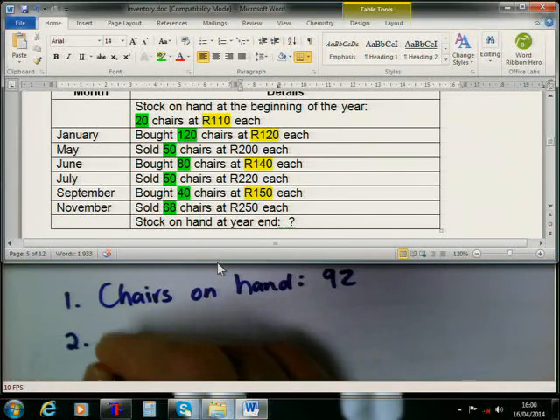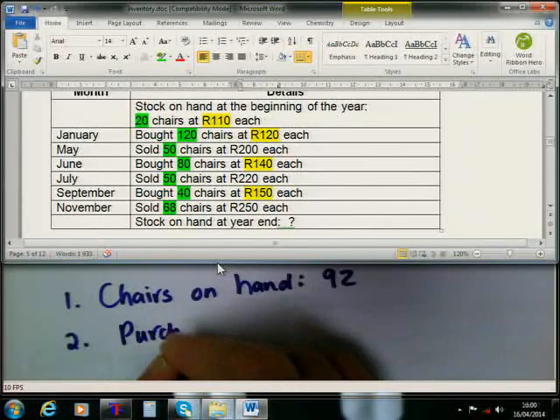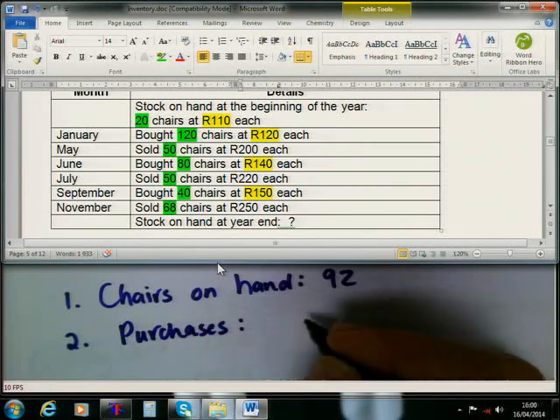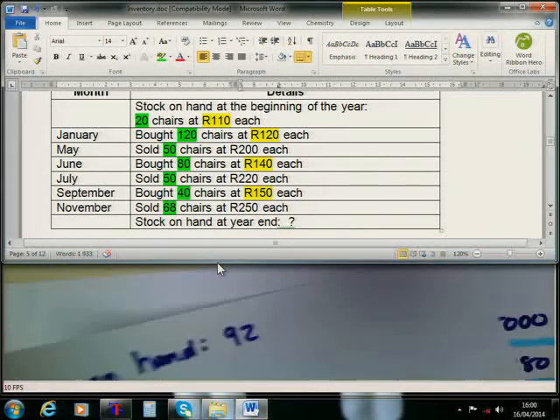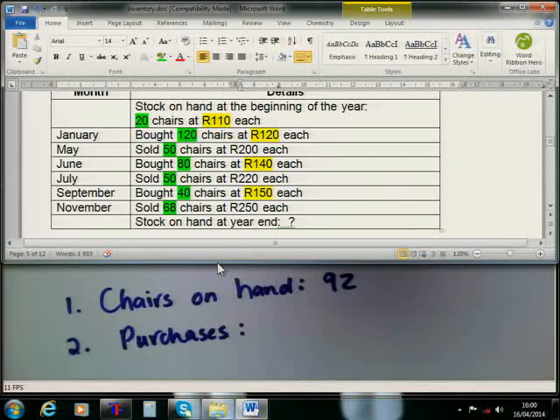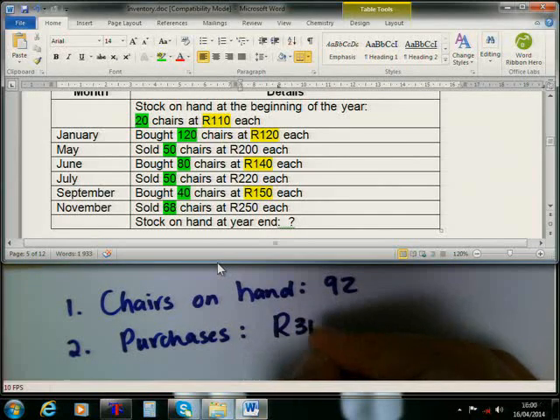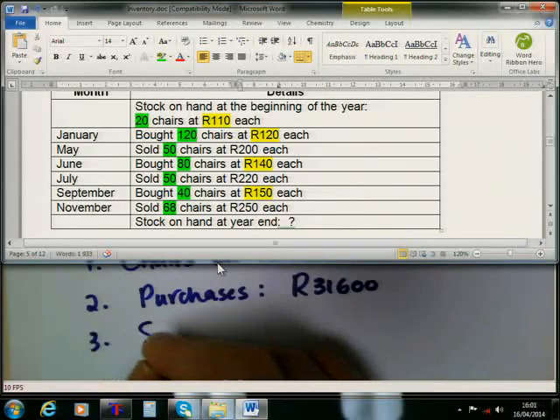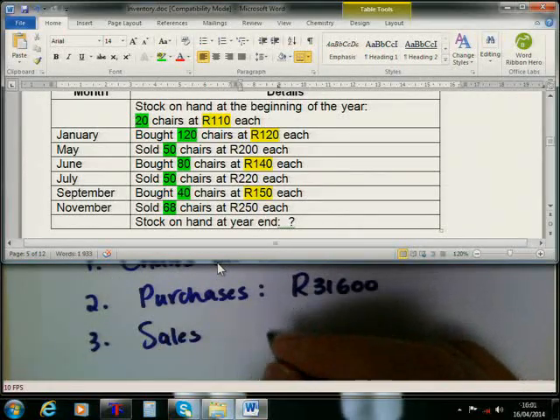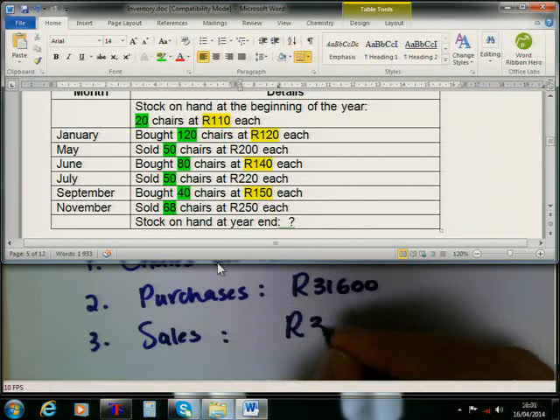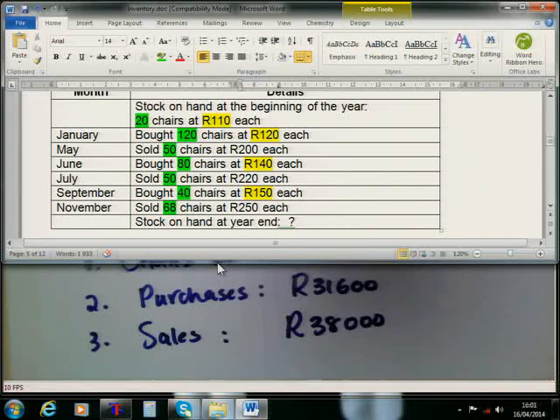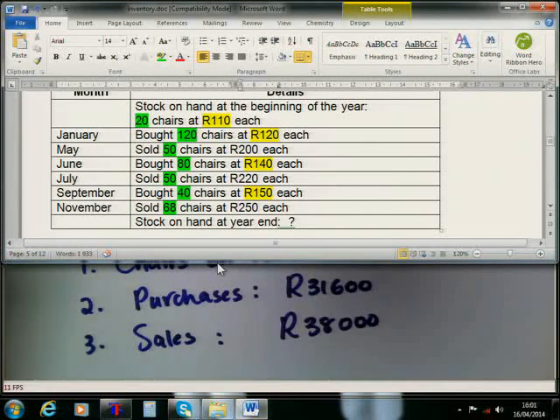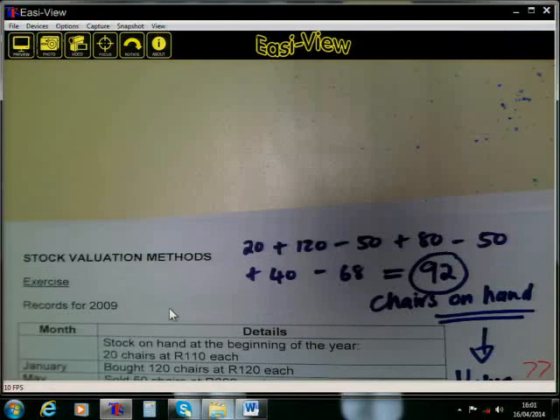Then we calculate the total purchases, which was 31,600. Then we calculated the sales, which was 38,000. And you will remember everything happens on this page.